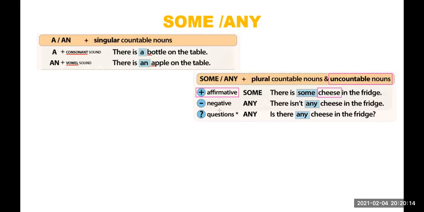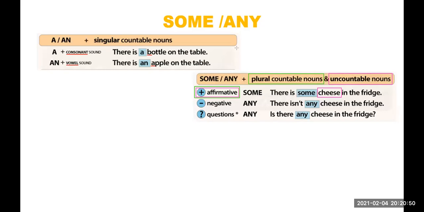But also we use some with countable nouns, but plural countable nouns. For example, there are some apples in the fridge. Apples is plural and is countable, and my sentence is affirmative. So for affirmative sentences, I can use some for plural countable nouns and for uncountable nouns.